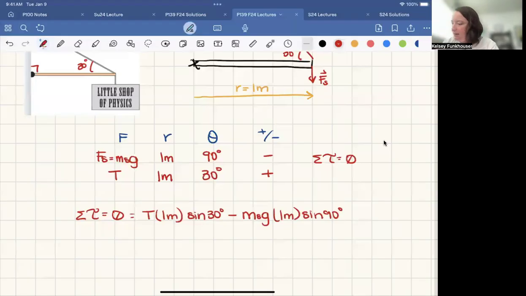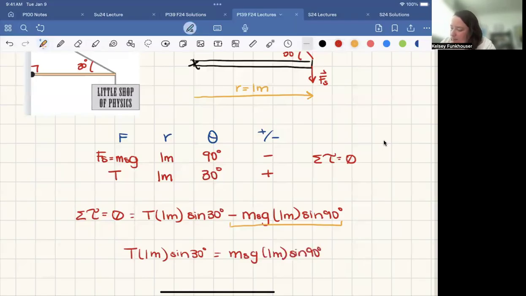Then we can add this term to both sides, so that we have tension times 1 meter times sine 30 equals mass of the sign times g times 1 meter times sine 90.